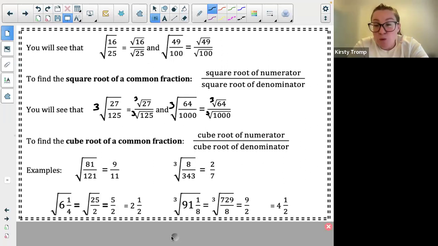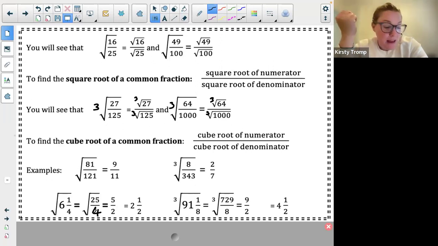So 6 times 4 is 24, plus 1 gives me 25 over 4. Then we can find the square root. Square root of 25 is 5. The square root of 4 is 2. Small mistake here. Convert it back into a mixed number and I get 2.5.